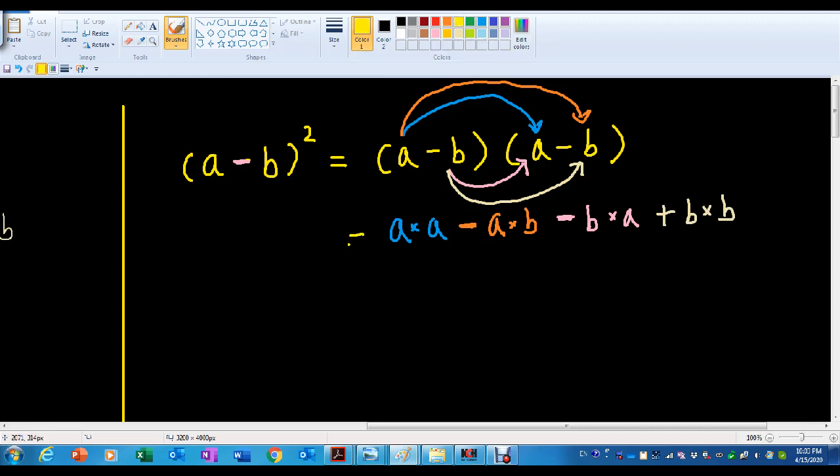Okay, and of course we need to simplify them, so it's a squared minus ab, minus b times a, but we prefer ab, right? Plus b squared. Okay, so how about minus ab and minus ab? Actually they are like terms, right? So that means you need to add them. When you add them, it's minus 1, minus 1. It's minus 2, so that's minus 2ab.